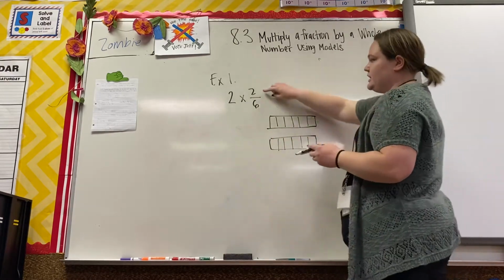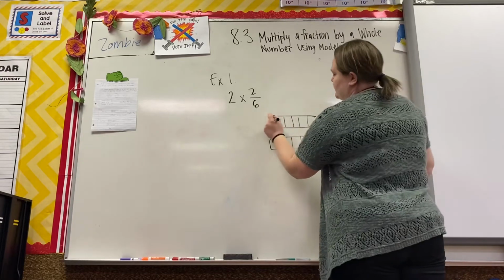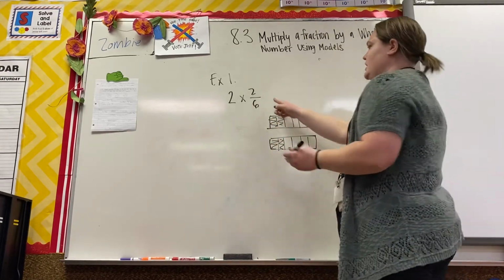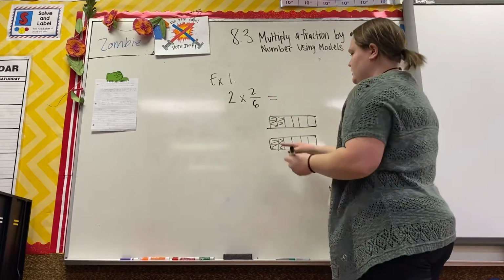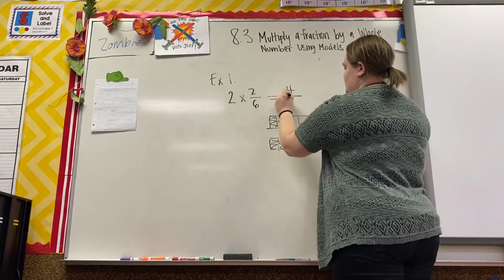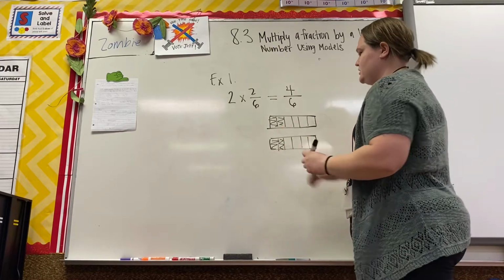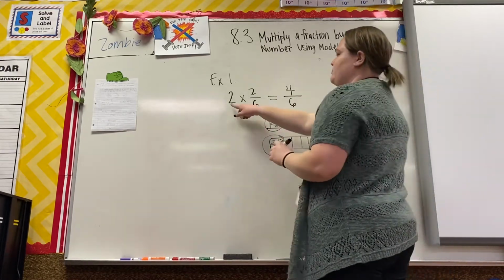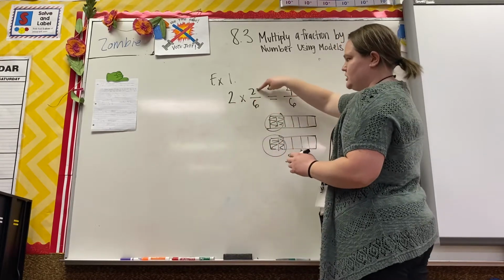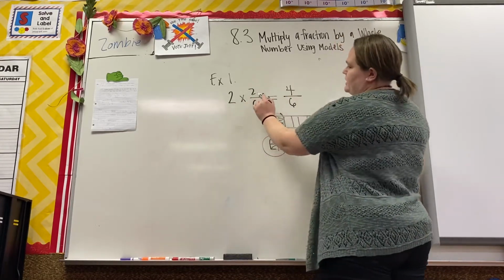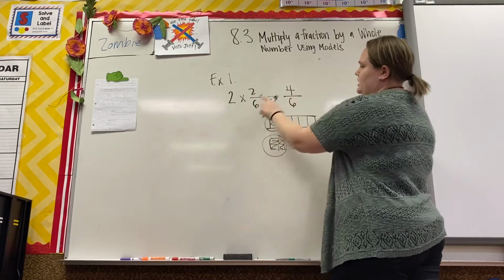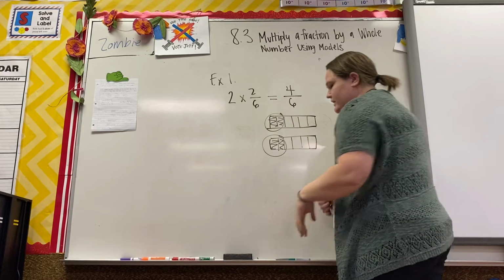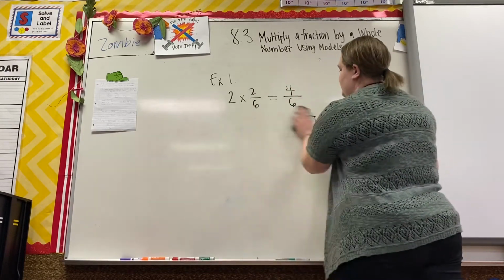And I'm going to shade in 2 of each. Okay, and that will equal 4/6 all together. I have 2 here and 2 here. I can also get that by taking 2 and timesing it by the numerator, which is 2, and then I keep my denominator the same, 6. Right? Let's try another one.